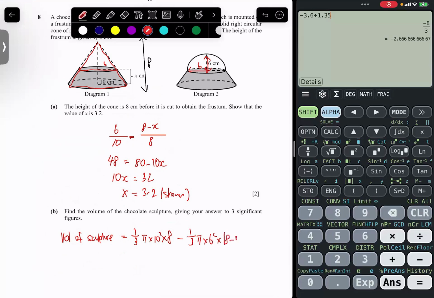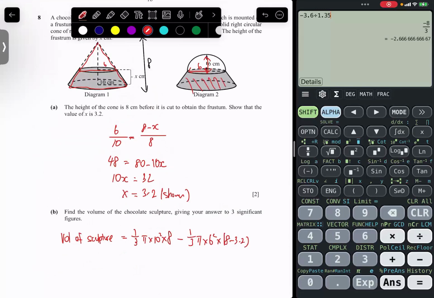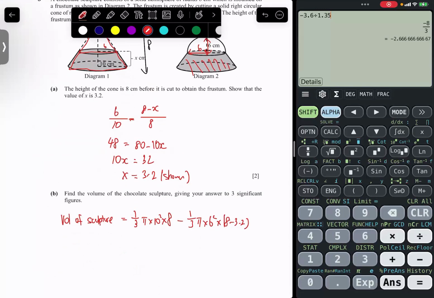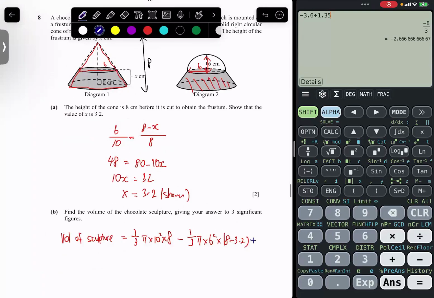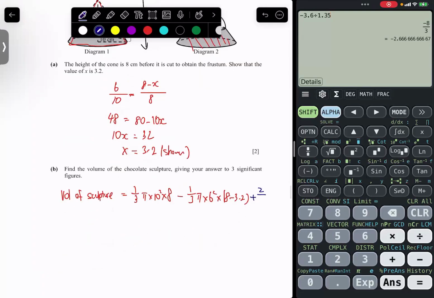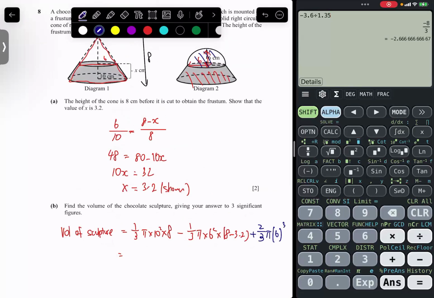The 8 minus the 3.2 is to find the frustum. And then plus the volume of the hemisphere, 2/3 pi 6 cubed.